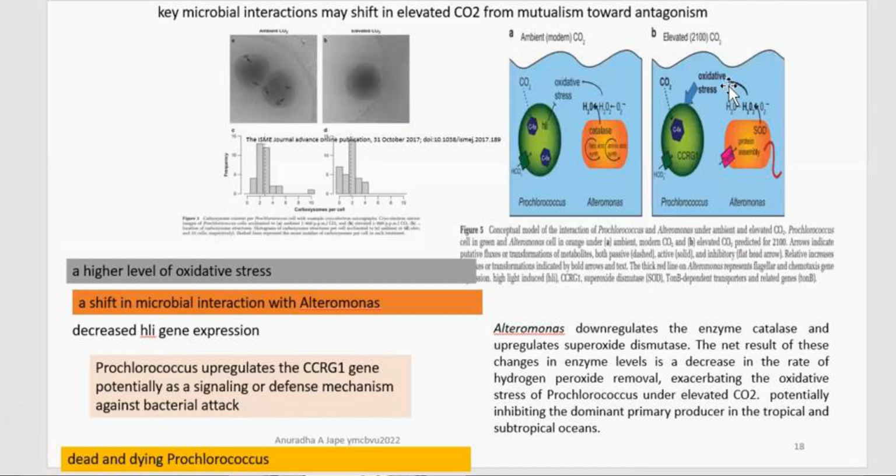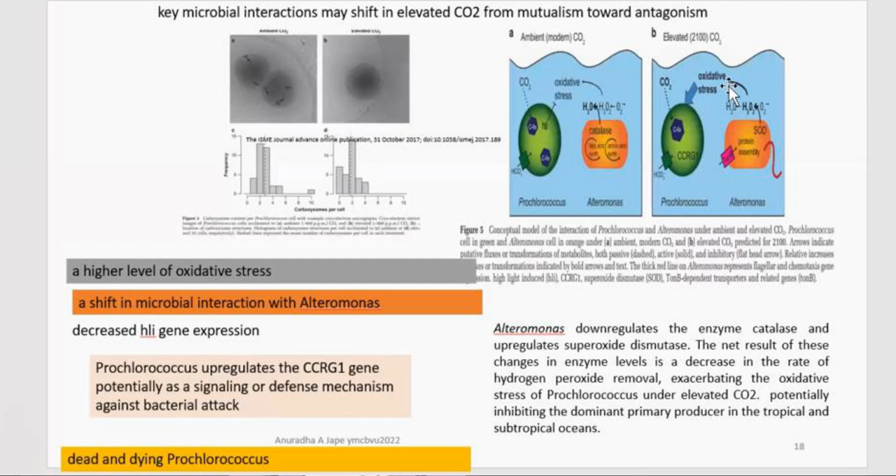Now, can we take help of this information to make these two different bacteria grow in the laboratory? If I am interested in growing Prochlorococcus, I shall find the neighboring organism like Alteromonas, and that should be growing in my plate, right?